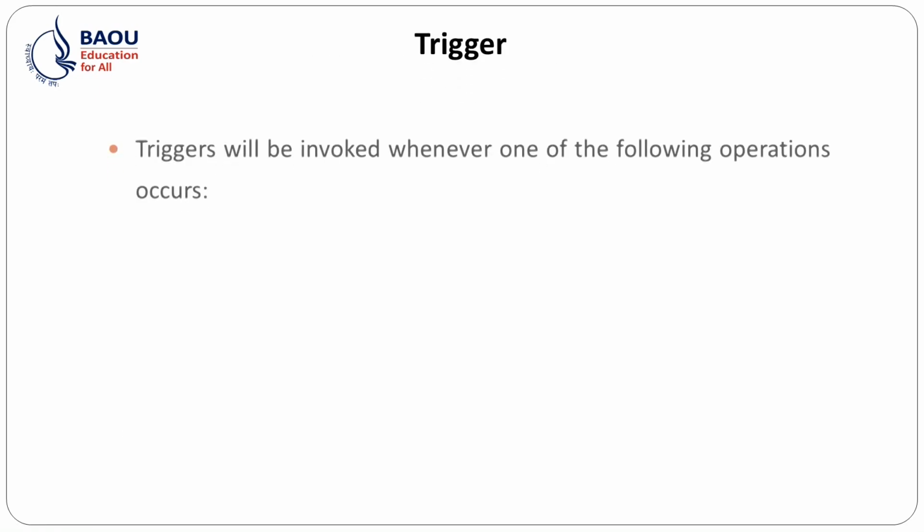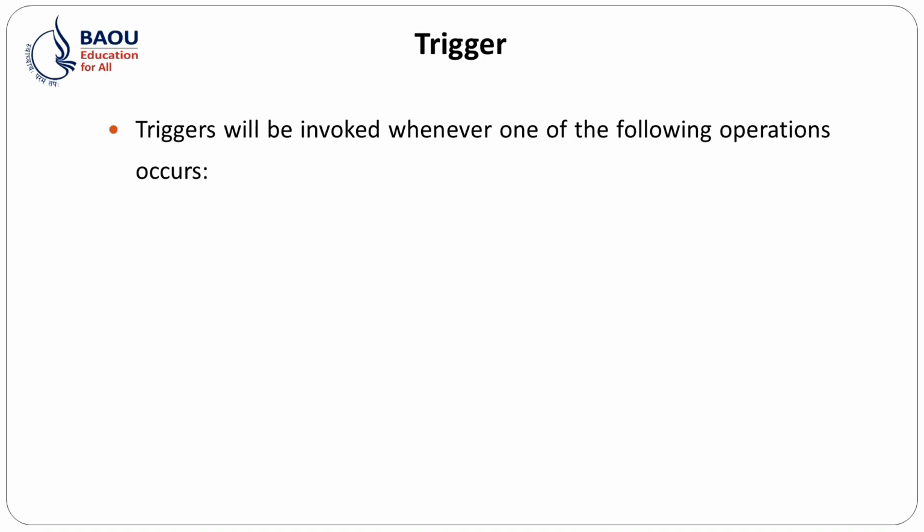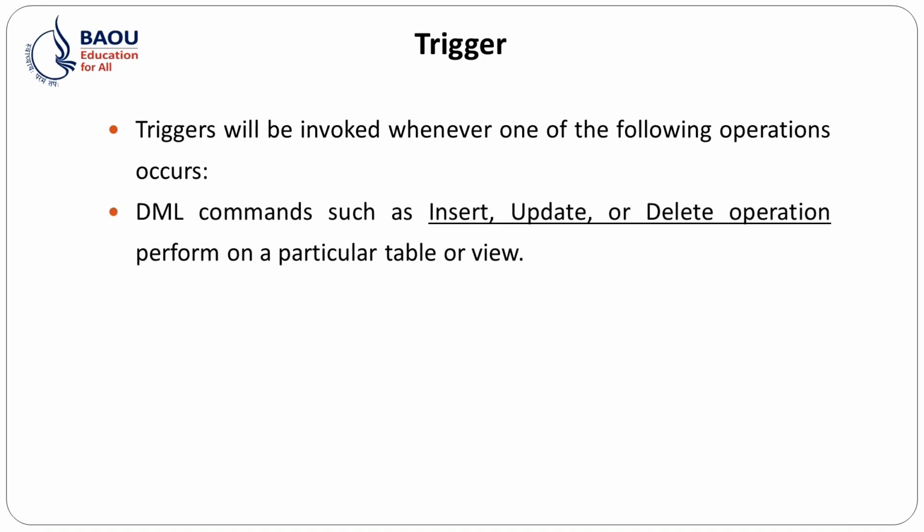Now, a trigger will be invoked whenever one of the following operations occurs. First, DML commands such as insert, update or delete operations performed on a particular table or view. Means when we perform insert, update or delete on the table, then the trigger is generated.